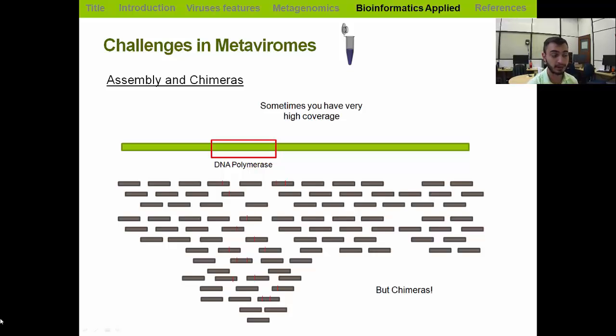And this happens because DNA polymerase is a very conserved protein, and the assembler puts all these reads together, and you can observe that there is some polymorphism, and this polymorphism is not desired, and this is a problem. You are assembling a chimera, a consensus.